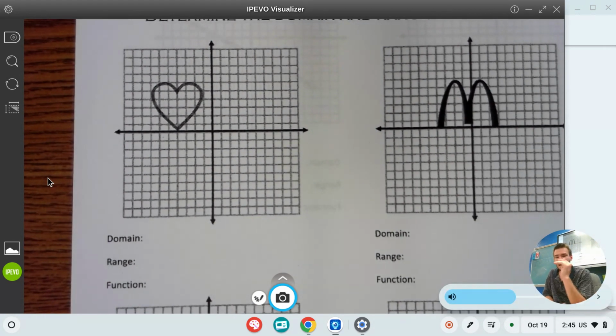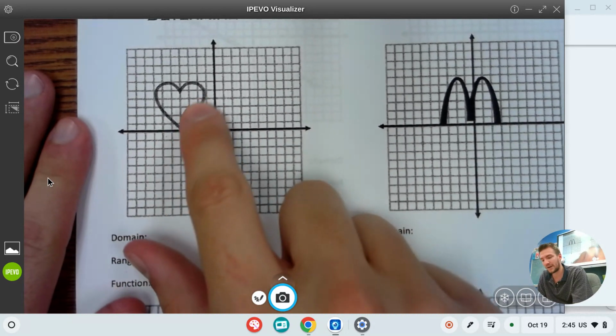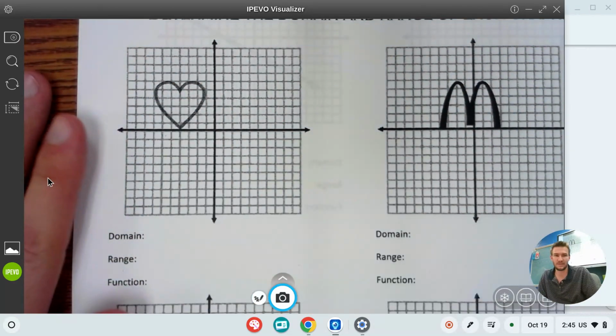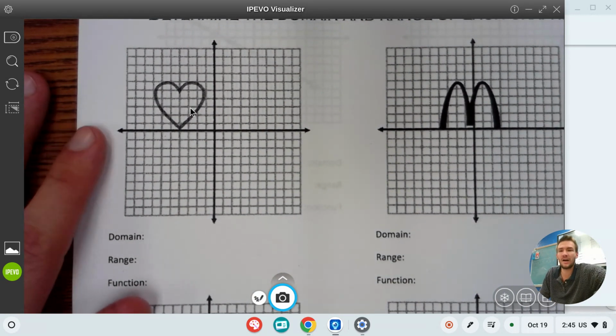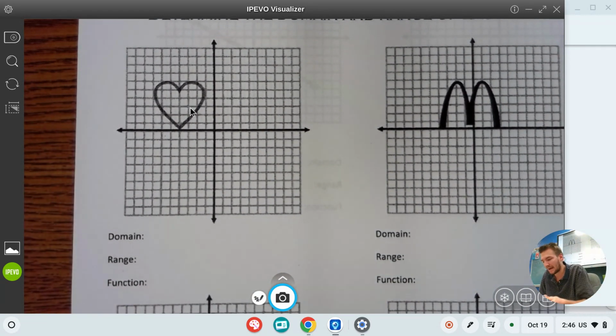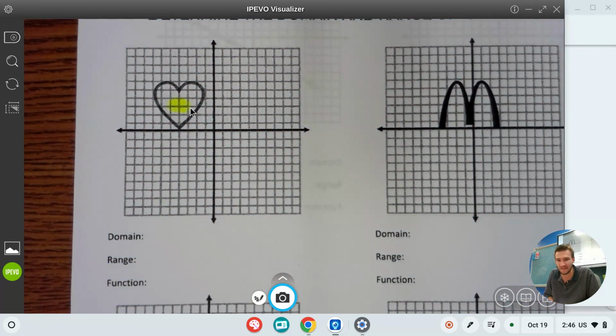We're good? If you want to tell me where you can find this heart, we run into a little bit of an issue. If you tell me, hey, I think the heart is right here, and you pick the very middle dot of this heart, that is a place where the heart could be found, but it's not every single place.